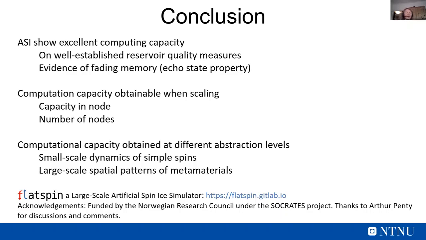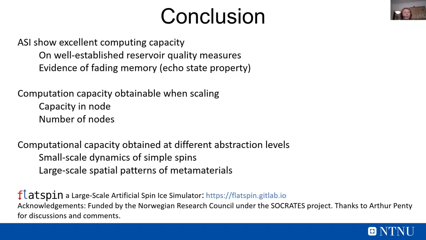I would also say that it's another artifact of our way of setting up the experiments that we see computation from the small scale dynamics when we have all the spins or magnets visible, while we use large scale spatial patterns as the emergent property for our computational property in our system.